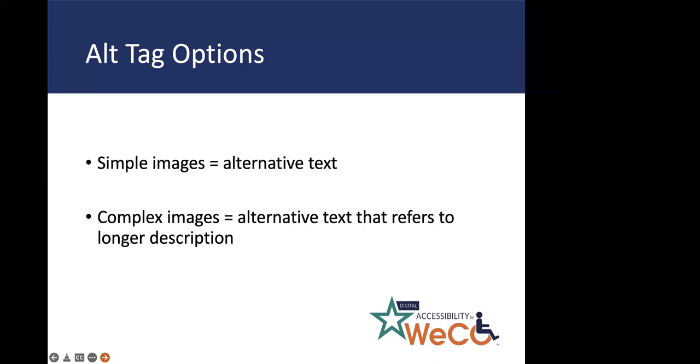This is to include the information that is contained within the complex image itself. However, the image itself should still contain alternative text, but it should refer users to the longer description instead of having the description within the alternative text of the image itself. Next slide.